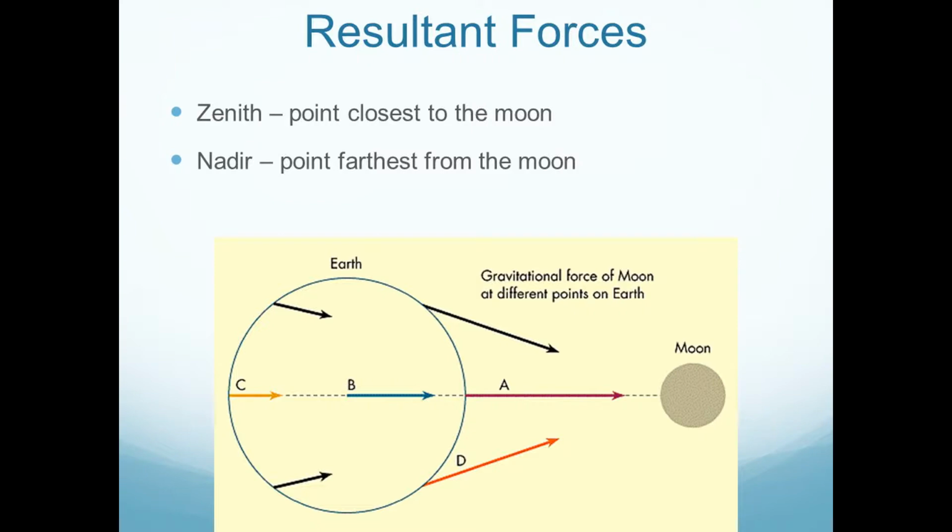So that would be the zenith. The nadir is the point that's furthest away from the moon. So you can see that the nadir is point C because it is the complete opposite end of A in correlation to where the moon is at. And then all the other forces point towards the moon, but they are not at the zenith and they are not at the nadir.